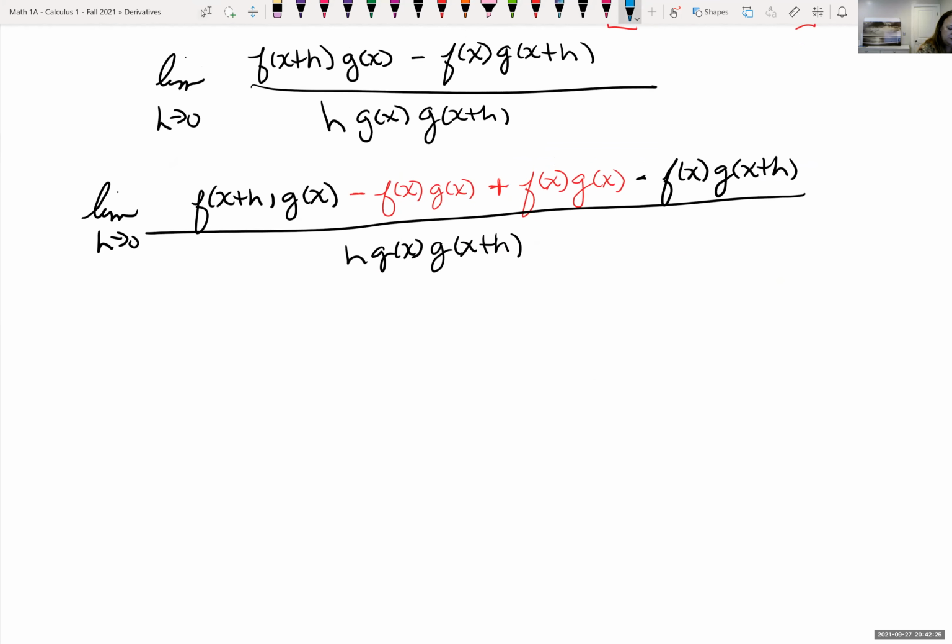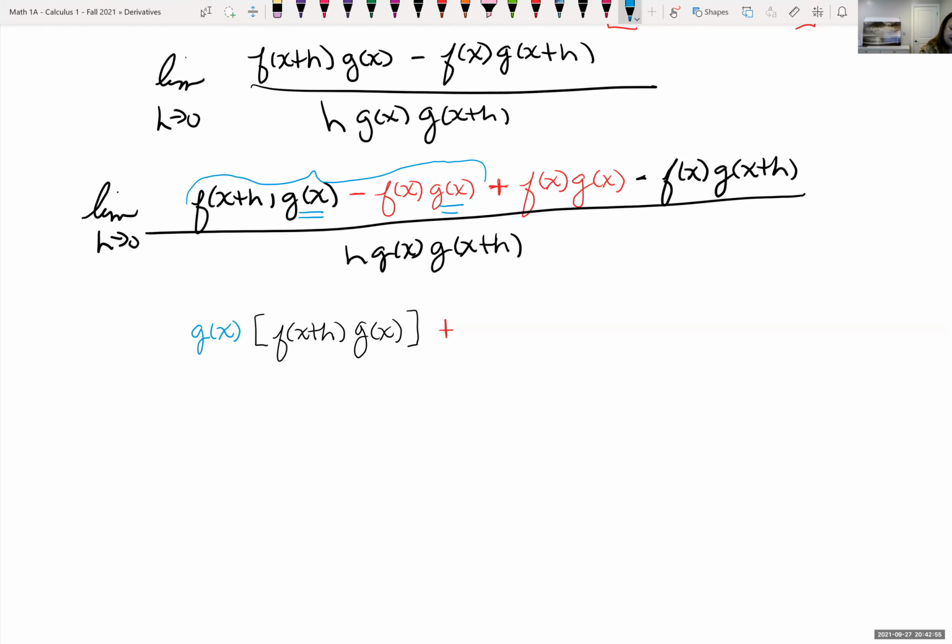So this first piece, we can pull out g of x from those first two terms. If I pull out g of x, then you're left with f of x plus h times g of x, plus, so let's look at the last two terms.